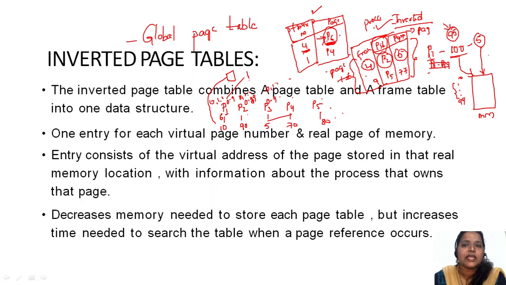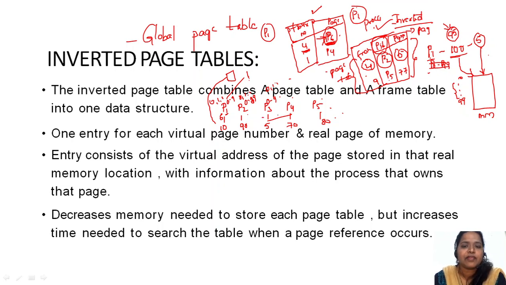Why? Because previously, suppose the CPU is executing process P1, that P1's sixth page is going to be loaded, so we need not worry about it. But here, global in the sense, all the processes' information we are storing in one table.